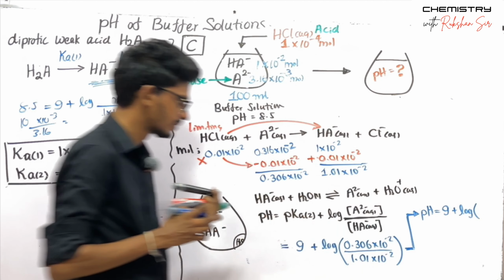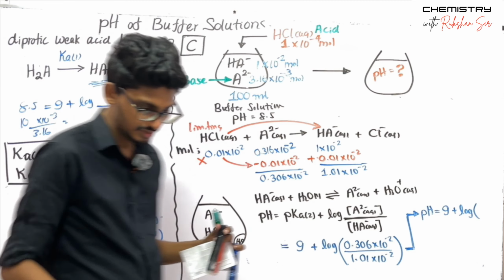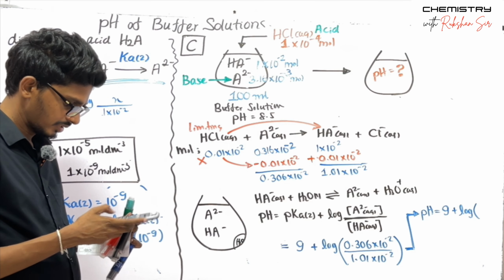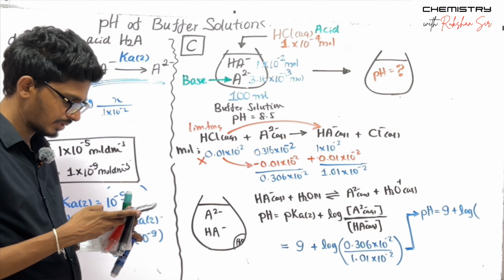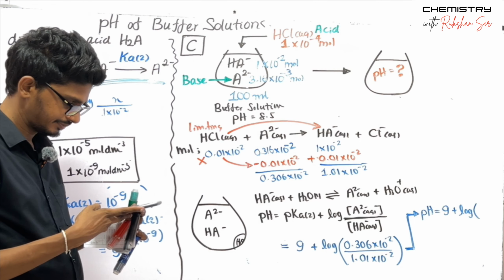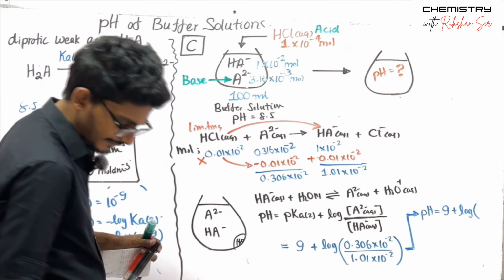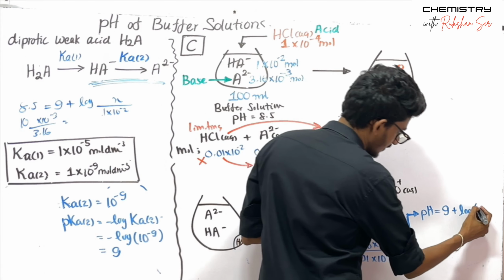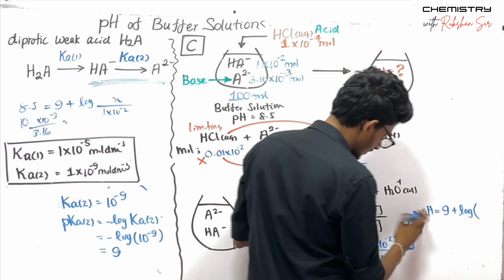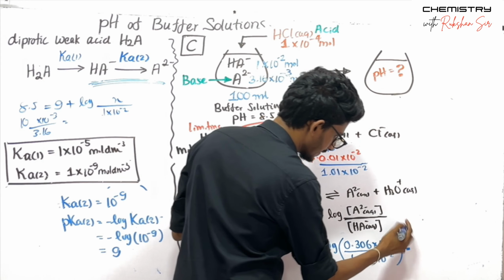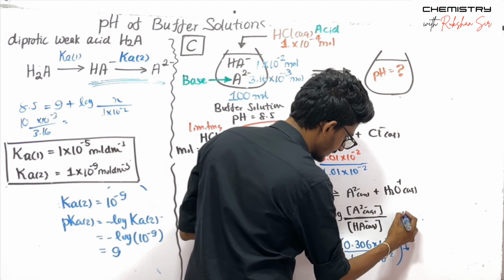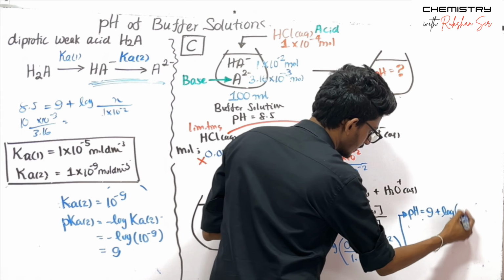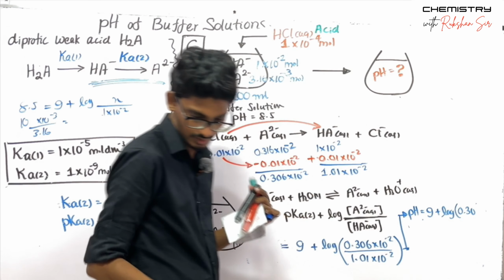What is this value? 0.306 divided by 1.01. That is 0.3029, right? So 9 plus log 0.3029.